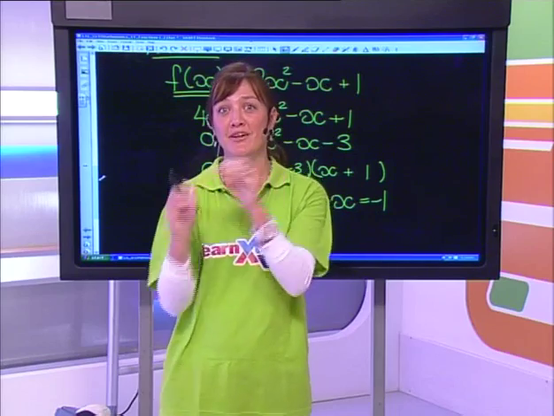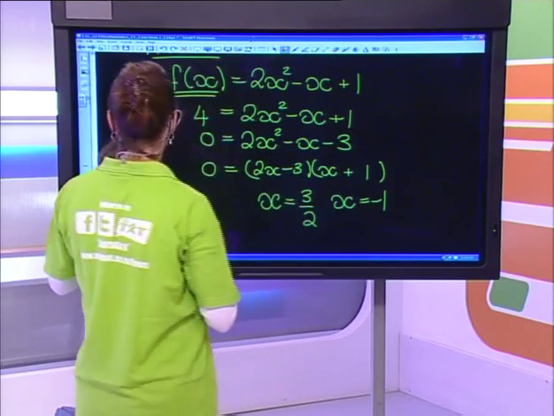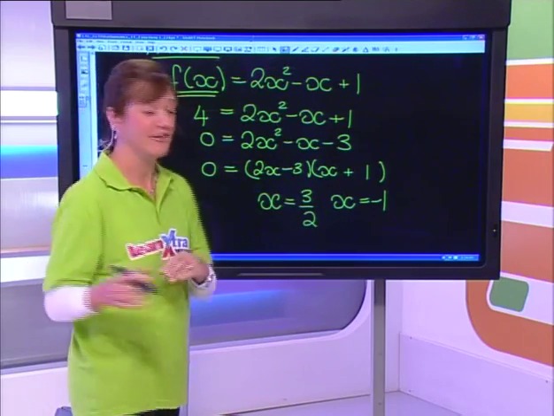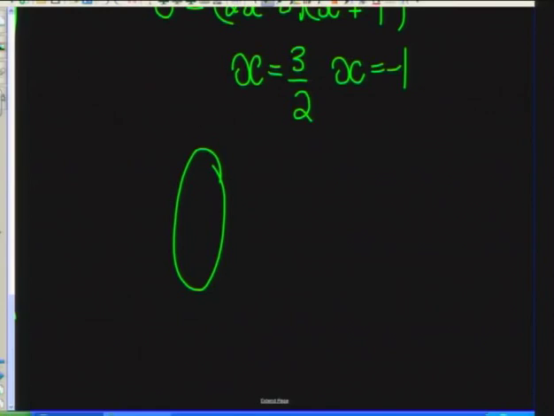All right, let me very quickly explain to you why it's a function. I'm going to show it to you by a method of what we call a Venn diagram. A Venn diagram basically looks like this. I've got a circle over here representing the x values, and I've got a circle over there representing the y values. The one x value we had was 3 over 2, and the other x value we had was -1. And the only y value we had was 4.